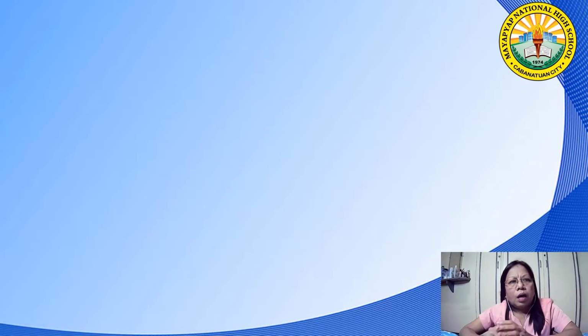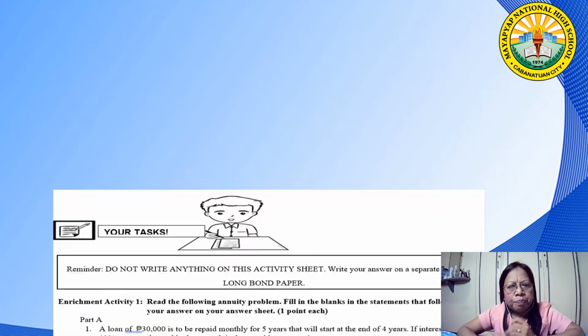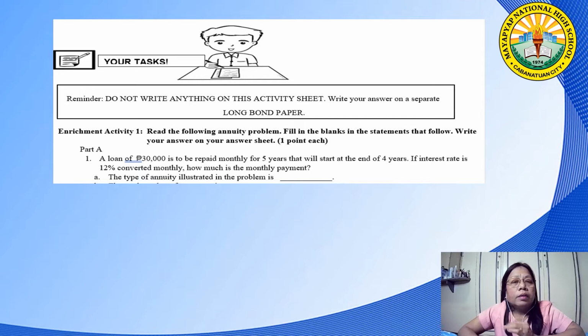After our discussion in finding the fair market value, the present value and future value, and the formulas that you learned in finding the deferred annuity and the period of deferral, it is now your turn to do your task. Reminder, do not write anything on this activity sheet.